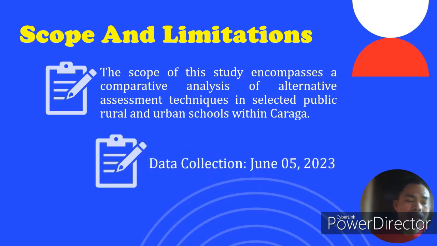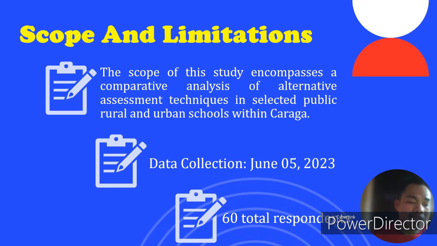The data collection was conducted on June 5, 2023 with a total of 60 students. 30 of them are from Salug National High School, Salug Esperanza, Agusan del Sur, the representative of rural area, and 30 students from San Vicente National High School, San Vicente, Butuan City, representative from urban area.